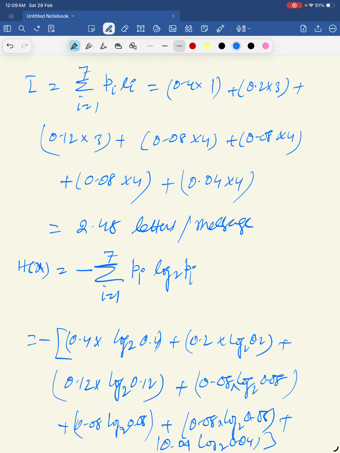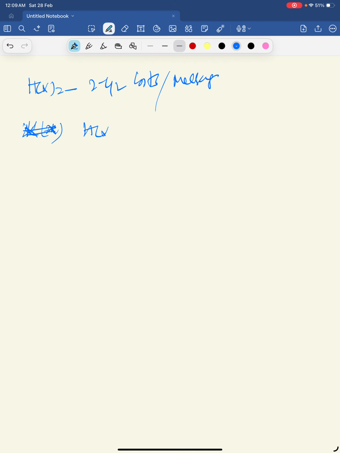Now if we calculate together, it will give you H of x equal to 2.42 bits per message. So we can write H of x is equal to 2.42 bits per message.